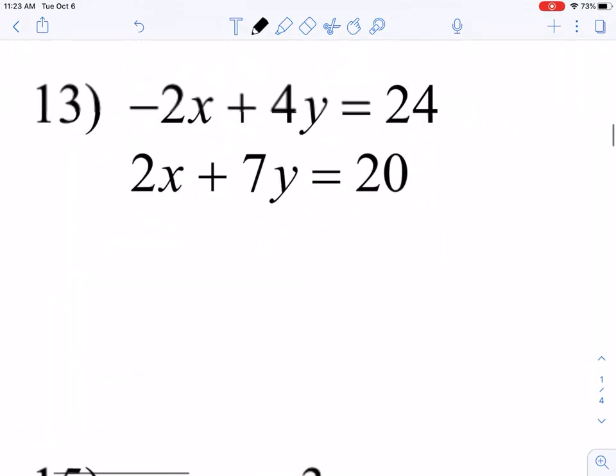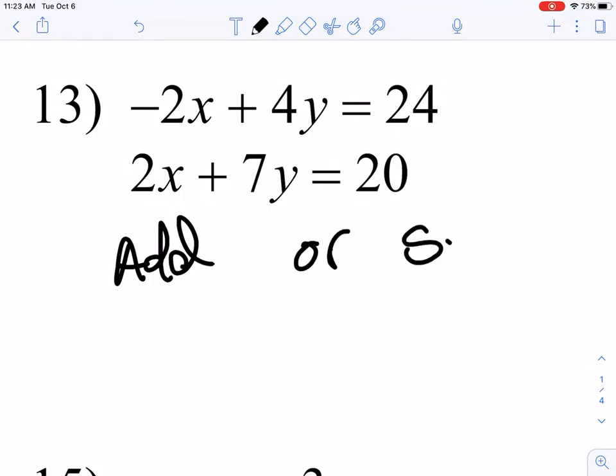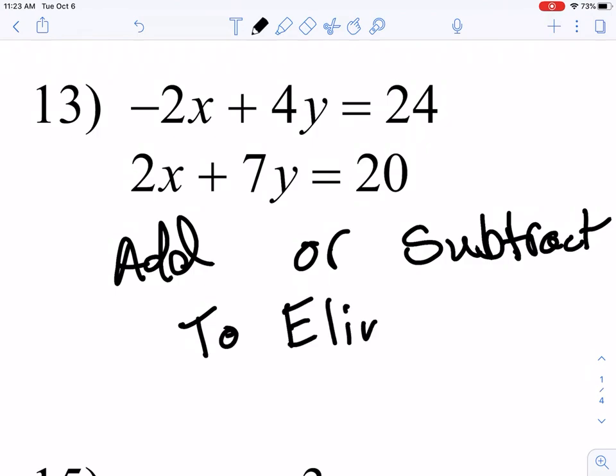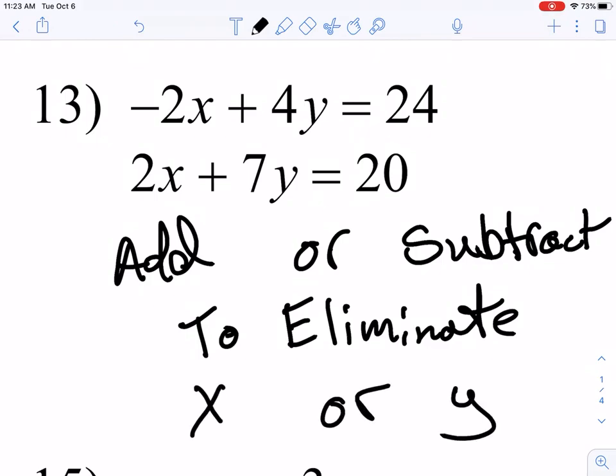Okay? So for 13, do we need to add or subtract? So answer that now. Add or subtract. To eliminate, is that going to eliminate x or y? So for this one, you should have said add to eliminate x.